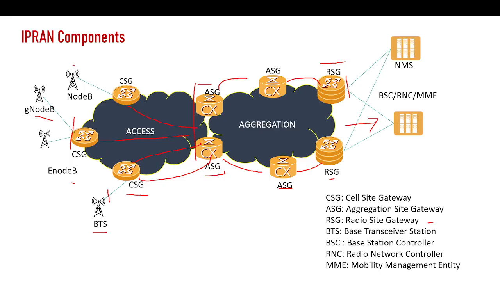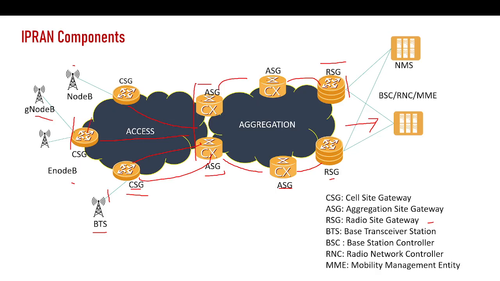So the CSG, this is the access router. Everywhere you see a tower, definitely we will have a router down there that is connecting to the BTS. Of course, sometimes we have microwaves that are also allowed, but for the standard IPRAN architecture, we have the RSG connecting to the ASG and then the ASG connecting to the CSG.